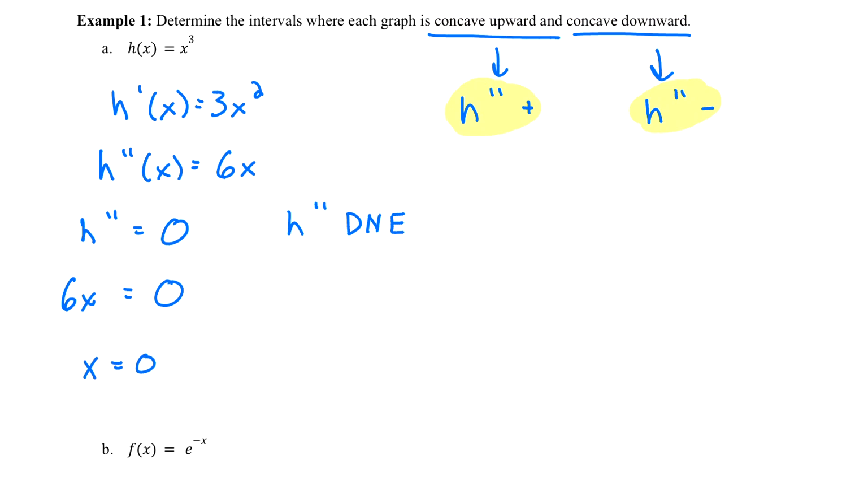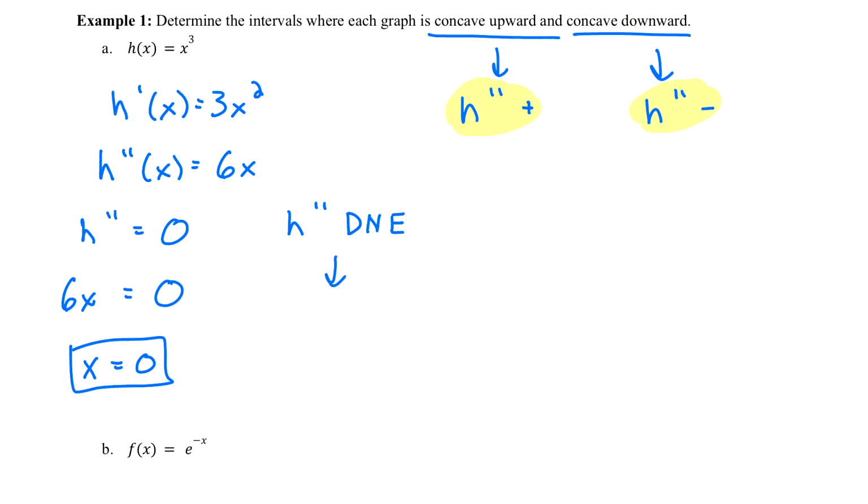Now, this is not a critical number because critical numbers only apply to the first derivative, where the first derivative is 0 or undefined. For now, we'll call this a partition number of our second derivative. We'll come up with potentially a different name for it later on, but for right now, we'll just call it a partition number.